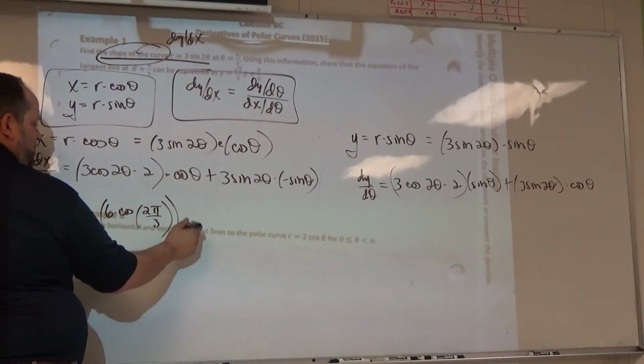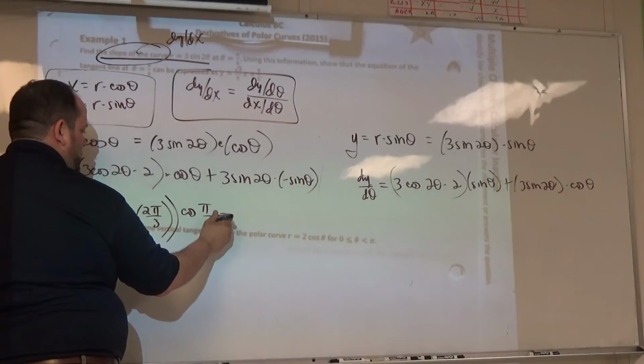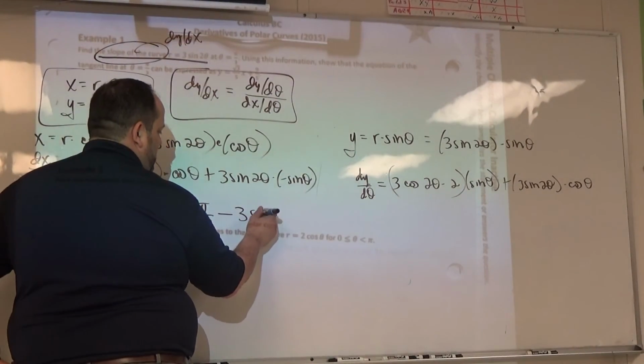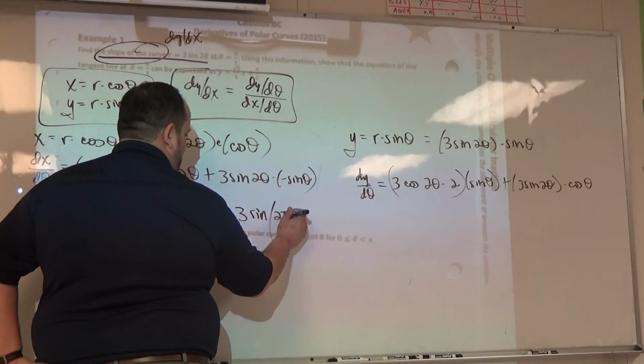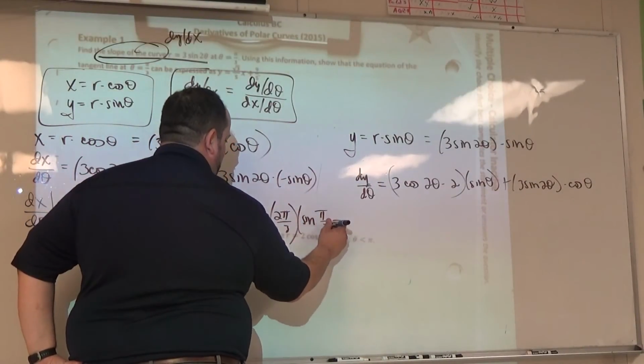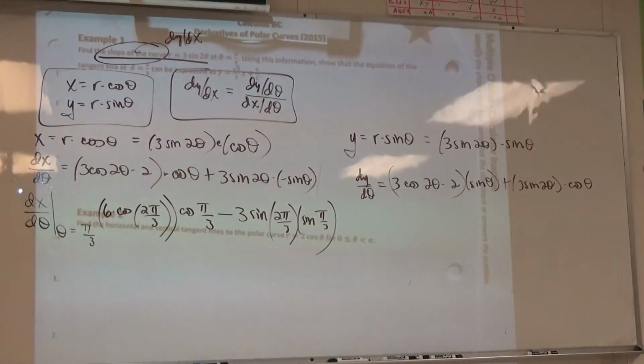And then I'm going to multiply that with the cosine of pi over 3. And then I'm going to subtract 3 times the sine of 2 pi over 3 times the sine of pi over 3. Okay, cosine 2 pi over 3.